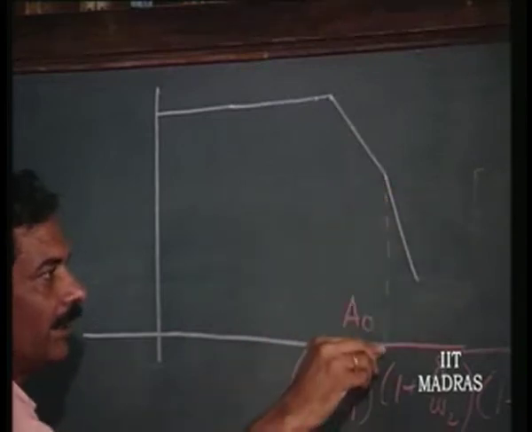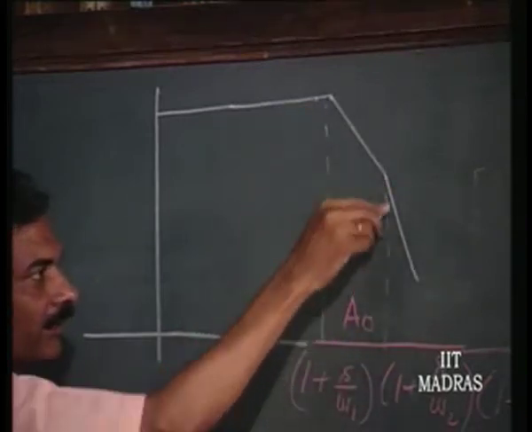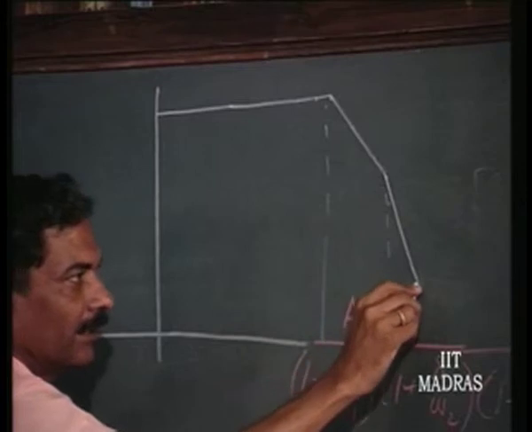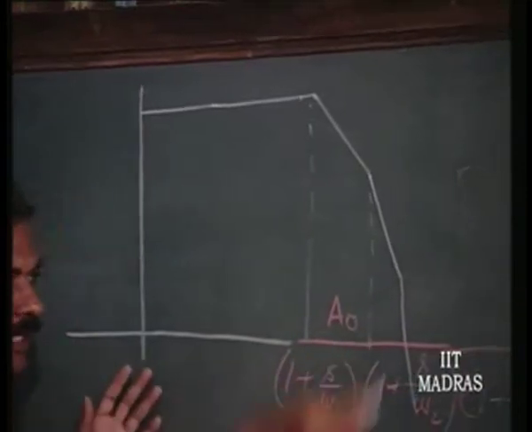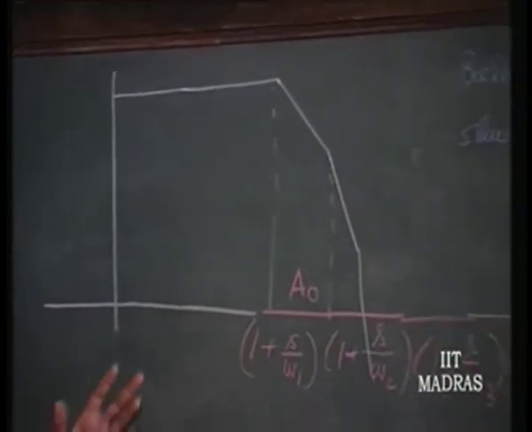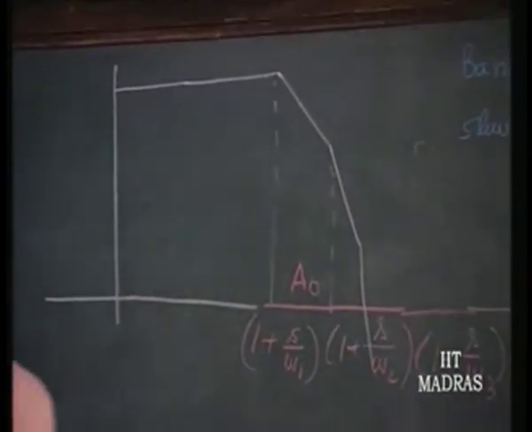Okay, this is going to be F1, this is going to be F2, this is going to be F3, and maybe F4 is out, by the time F4 comes into the picture, the gain has become less than 1.